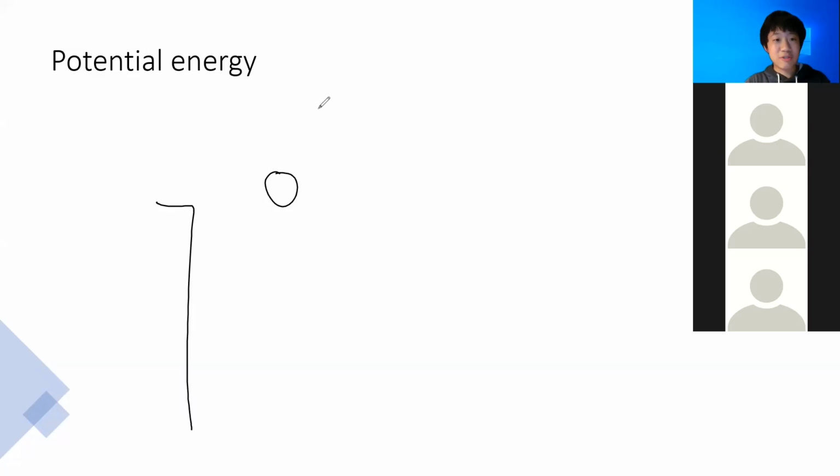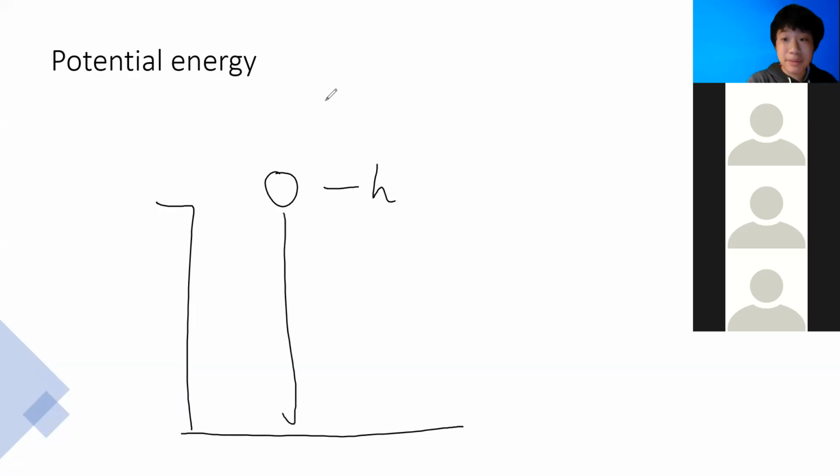Okay, and gravitational potential energy is all relative because we have to compare the initial point of a ball, h, and we have to compare that to the lowest point the ball will go. In this case, it might be the floor. Okay, because at that point, the ball will stop moving. So potential energy is all relative.